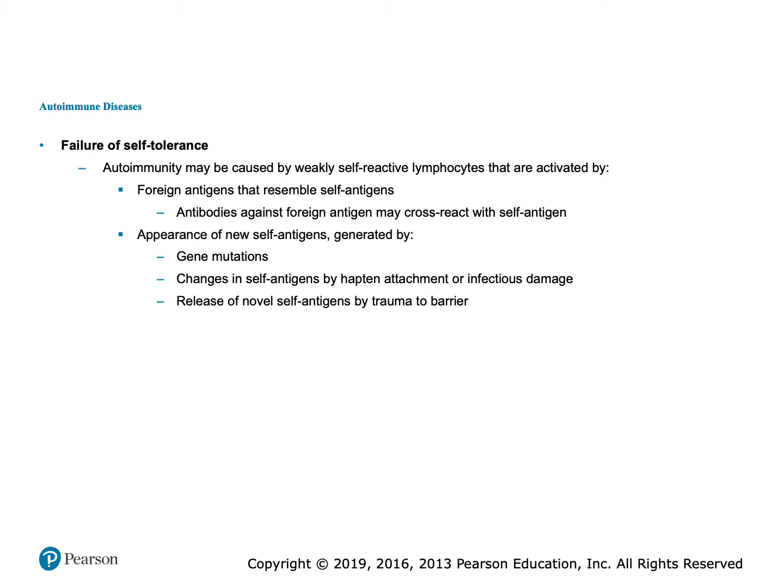But then it comes across that cell of yours that has that self antigen that the foreign antigen looks similar to, and it gets confused and says, "Hey, I thought I was killing you," and starts destroying yourself.